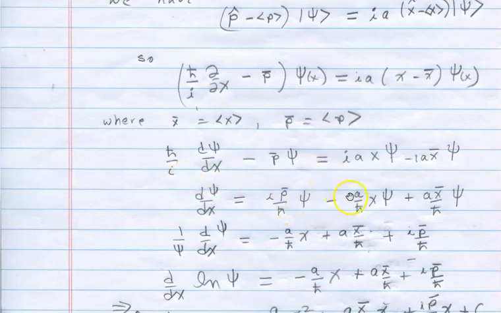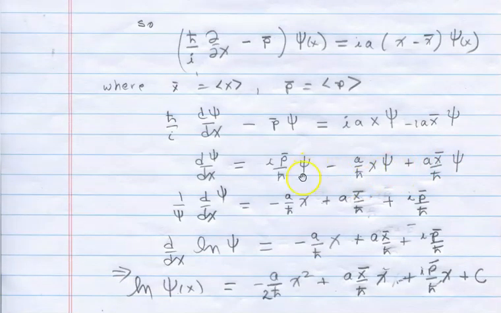When I multiply through, i times i is minus, so I get a over h bar x times psi. And again, when I multiply by i and minus i, that'll be a plus, and I'll get a over h bar x bar. I've got a psi in each term, but they're just functions, so I can divide both sides by that, and I get this characteristic form.